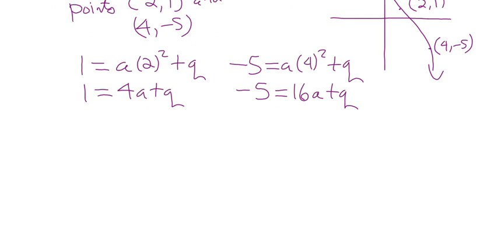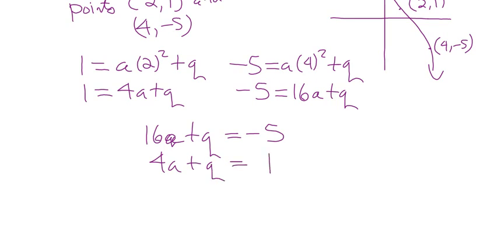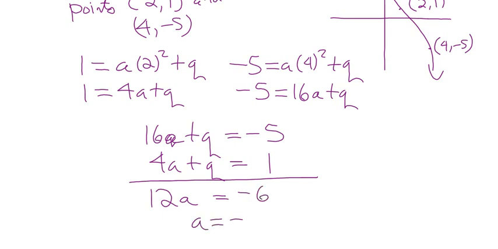If I'm going to subtract, let's put the 16a up front. 16a plus q equals negative 5, and 4a plus q is equal to 1. So 12a is equal to negative 6, and a is equal to negative 1/2.